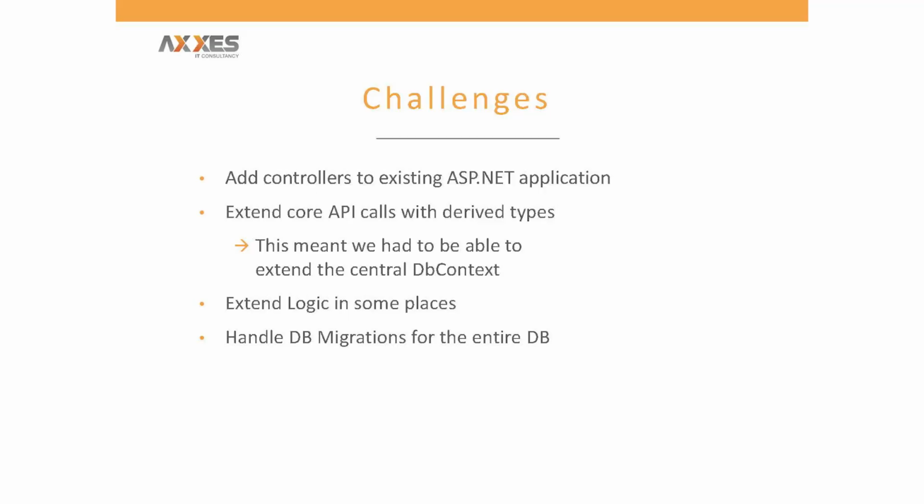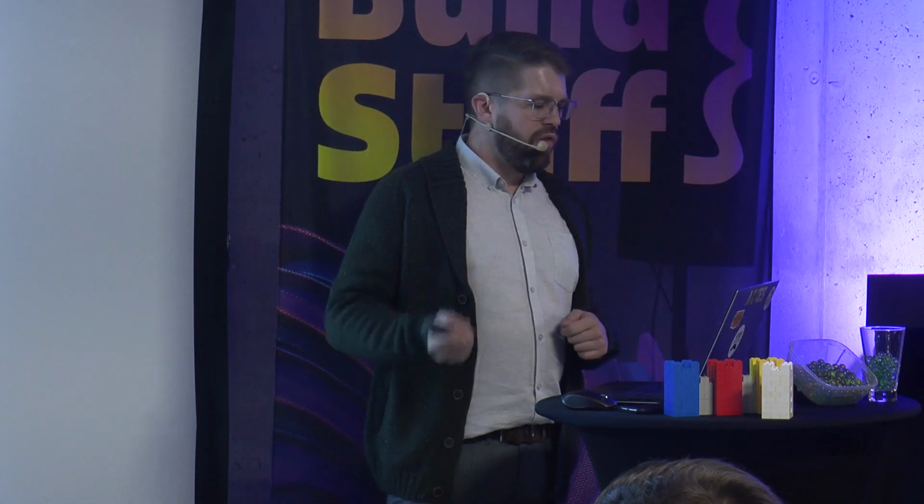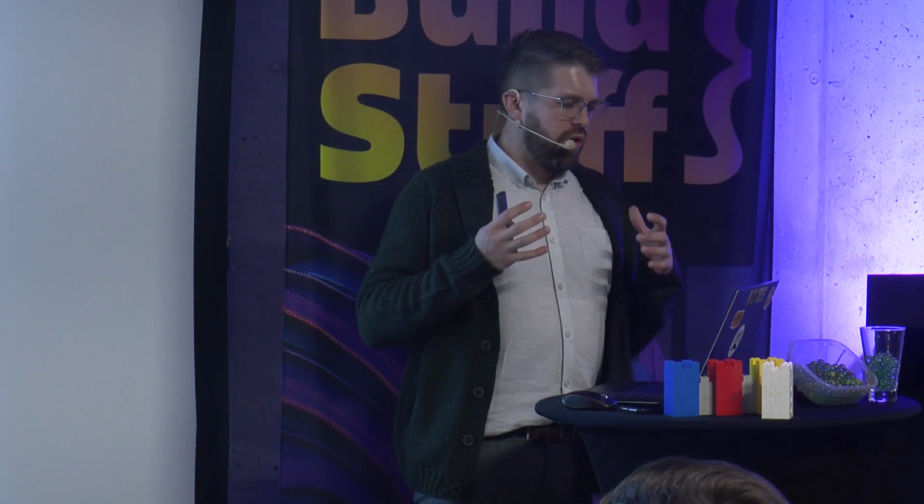So the challenges that we had is we wanted to build a flexible application that we could deploy in one deployment. But we wanted to be able to really easily add functionality to it and remove it again. That meant that we would have to be able to add ASP.NET controllers to a central application from a plugin.